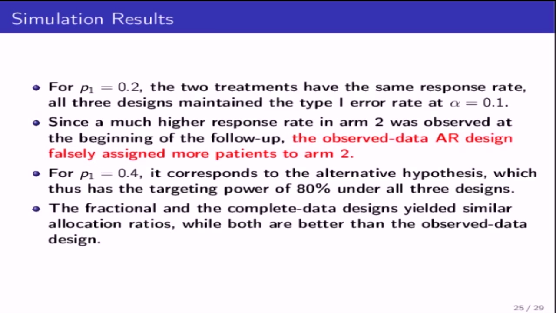So basically, that's the interpretation of the table. The observed data AR design falsely assigns more patients to arm 2 because of the Weibull distribution. You have seen that before week 10, arm 2 actually has a higher response rate. But in fact, a lot of patients in arm 1 responded later, between week 10 and week 12.